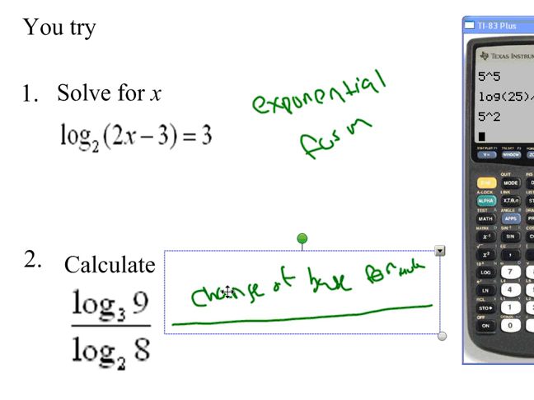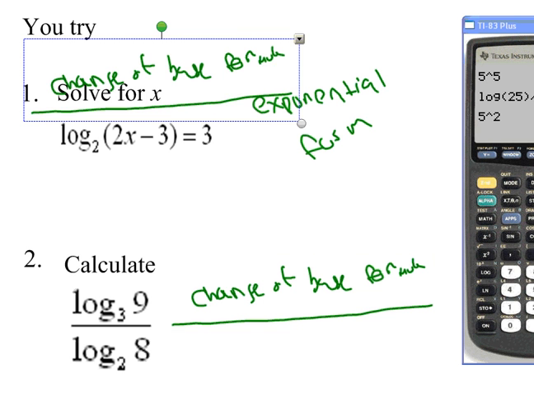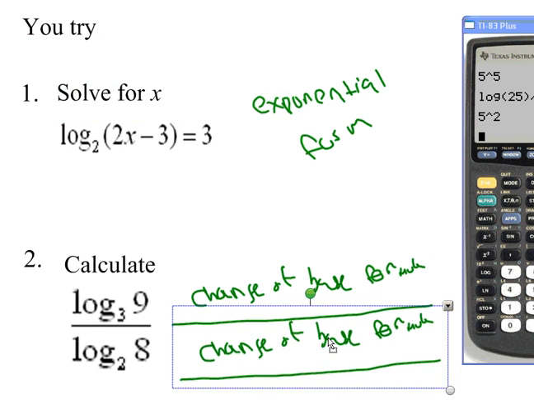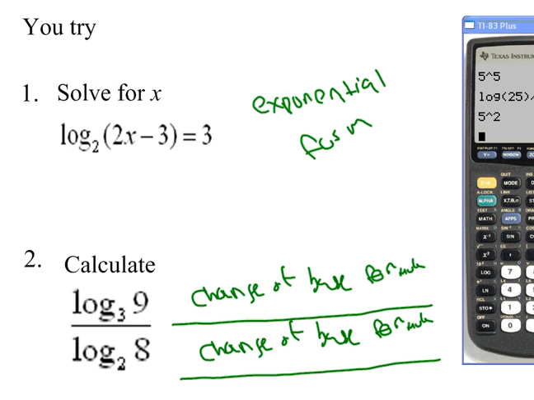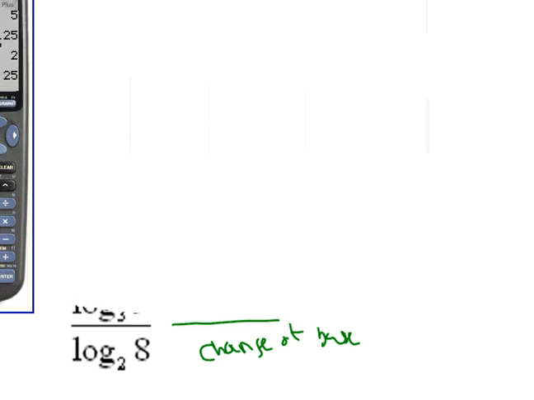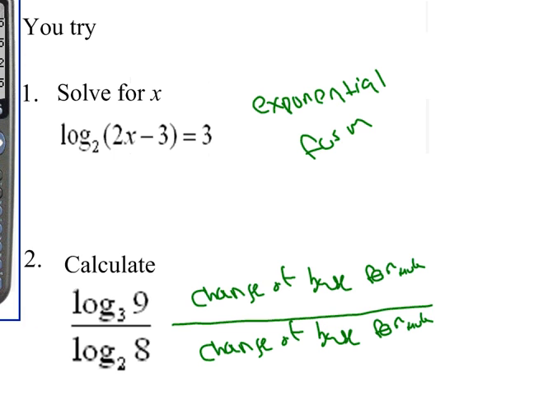Maybe I can just do a copy and paste. So I would use the change of base formula for the numerator, and then I would use the change of base formula for the denominator and divide it and get an answer.